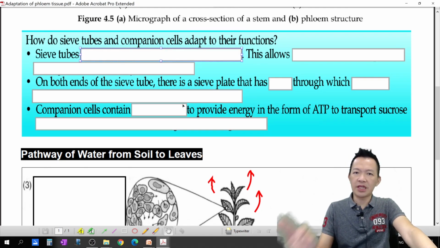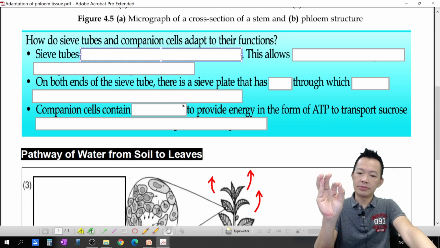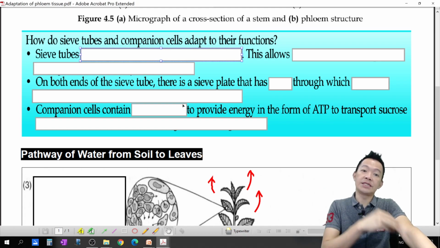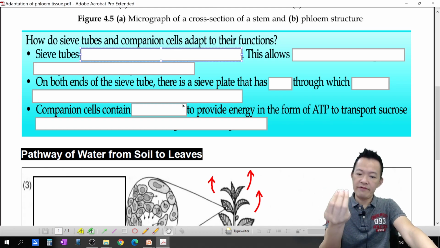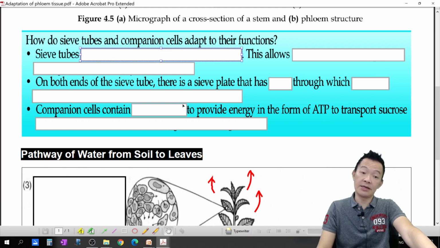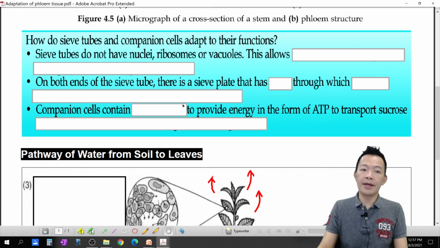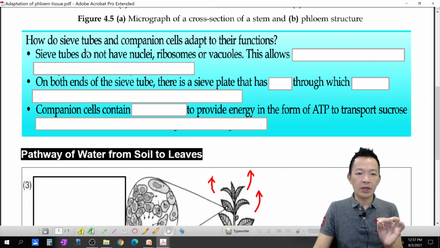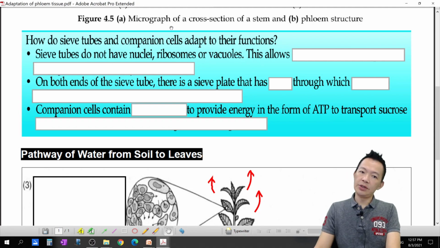Number one, sieve tube. Anything about sieve tube? Sieve tube actually is a living cell with cytoplasm. 它是活着的。Compared to xylem vessel actually is a dead cell, 死掉的。Living cell, okay? Sieve tube do not have nuclei. 它没有 nucleus, ribosome and vacuole. 少了很多东西，no nuclei, no ribosome, no vacuole.